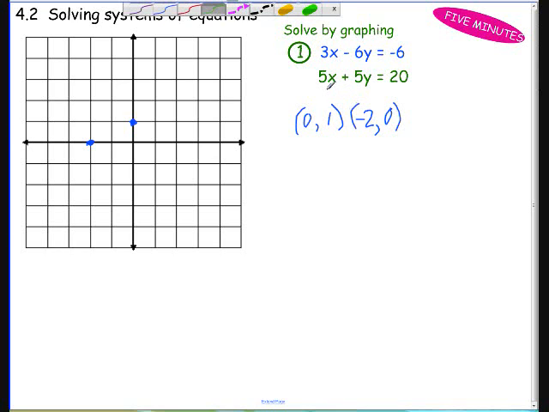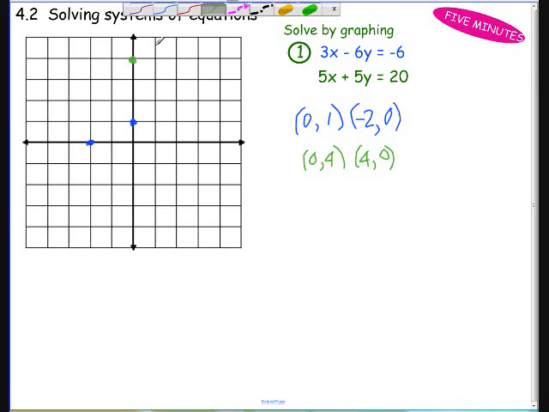Now we'll try this one. When x is 0, y will be 4. And when y is 0, x will be 4 as well. All right, so here's my y-intercept. Notice I haven't written anything on the scale.